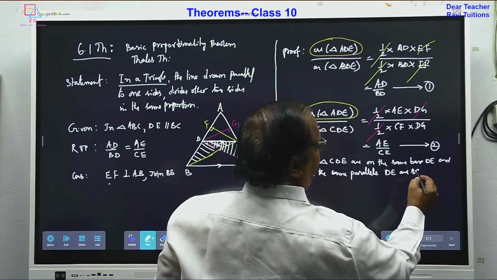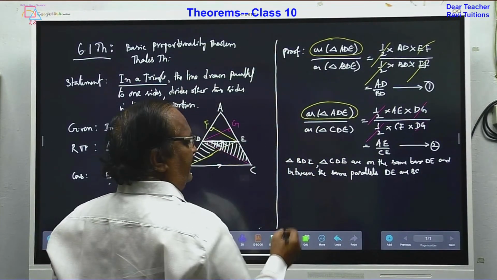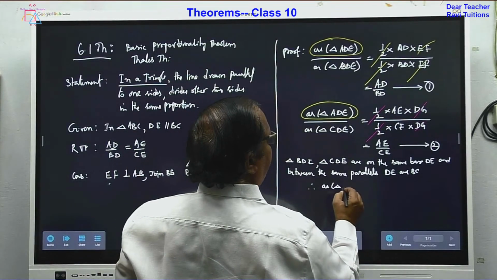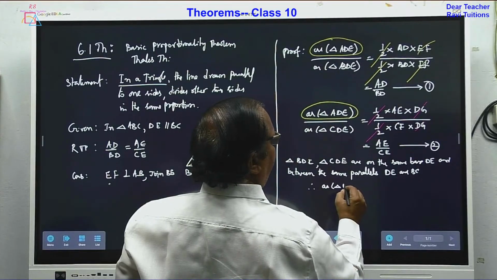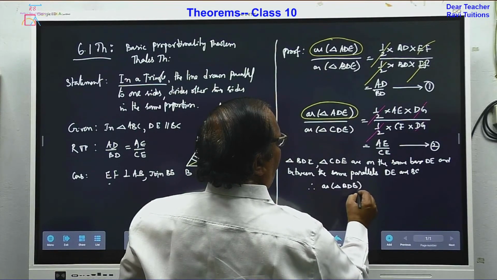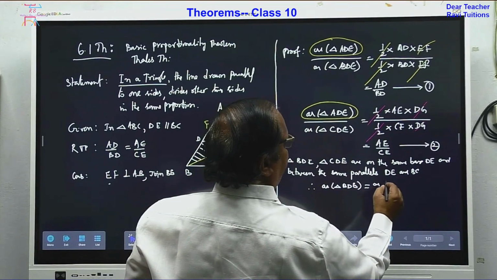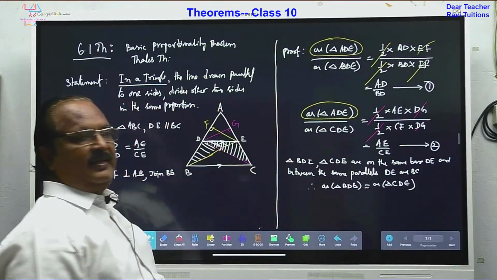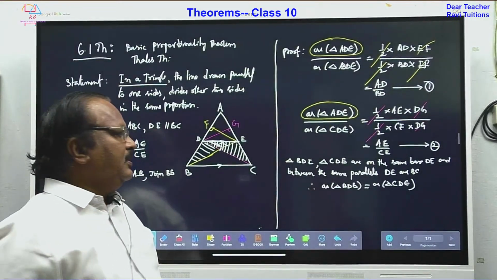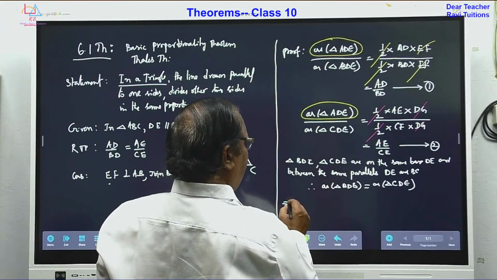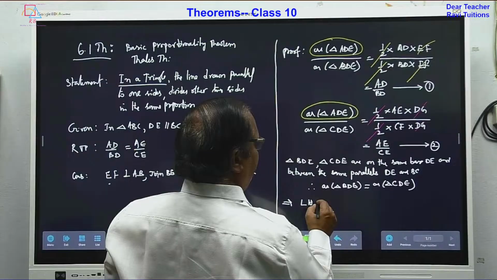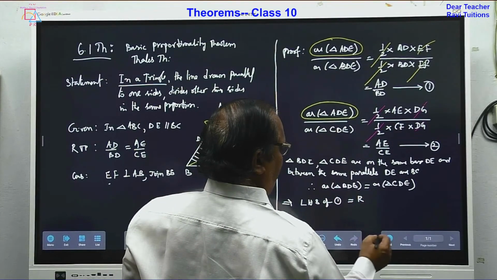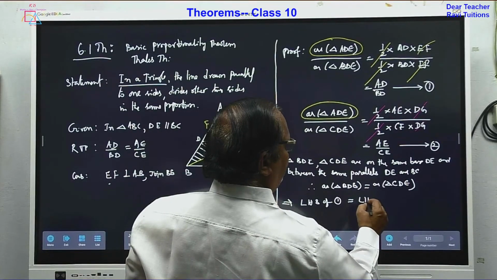our given. So therefore, if they are on the same base, between the same parallels, their areas are equal. 9th class theorem. This you have learned in 9th class. So from this, that implies LHS of 1 is equal to LHS of 2.